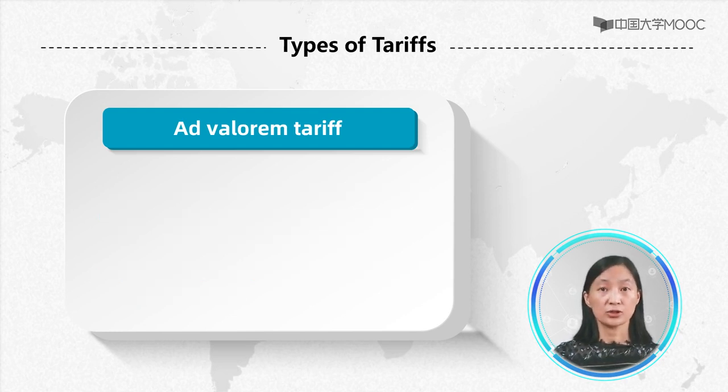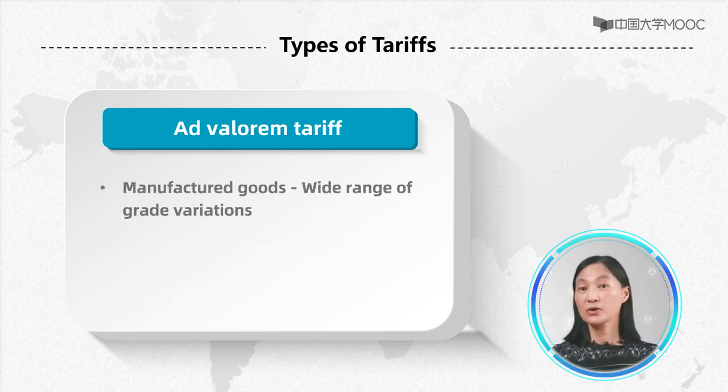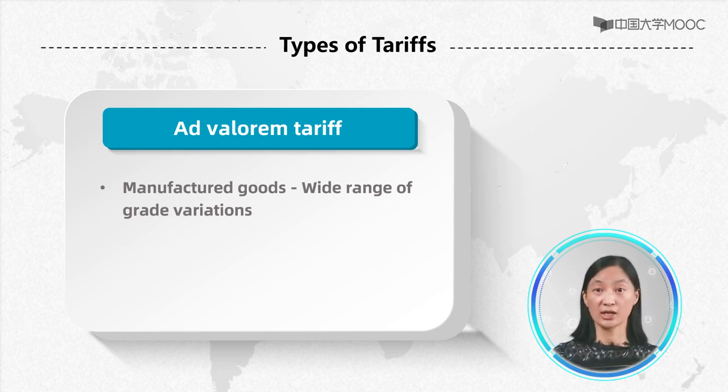Ad valorem tariffs usually lend themselves more satisfactorily to manufactured goods because they can be applied to products with a wide range of grade variations. An ad valorem tariff can distinguish among small differences in product quality to the extent that they are reflected in product price.